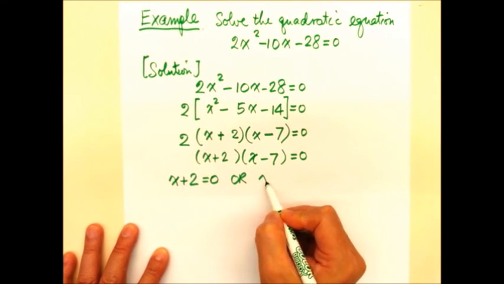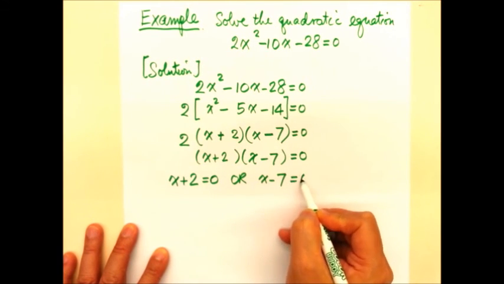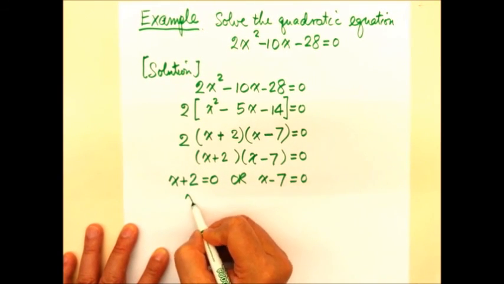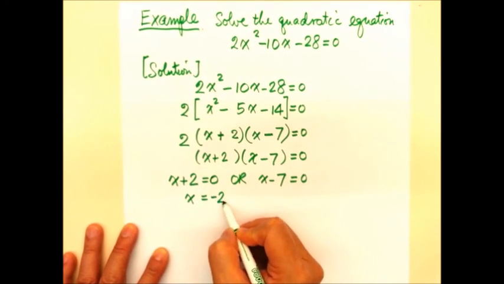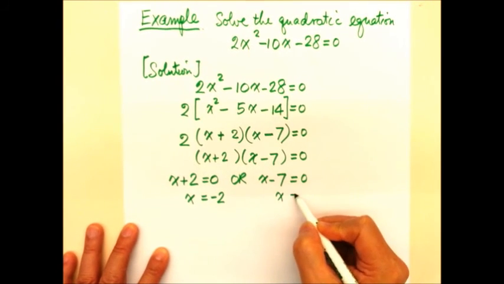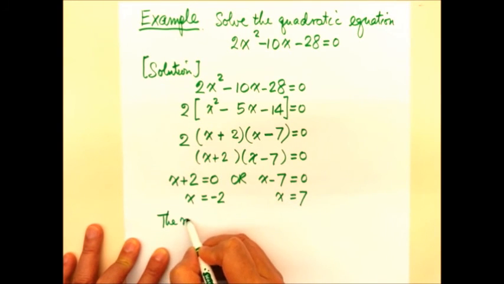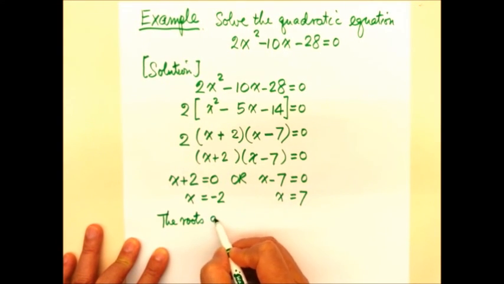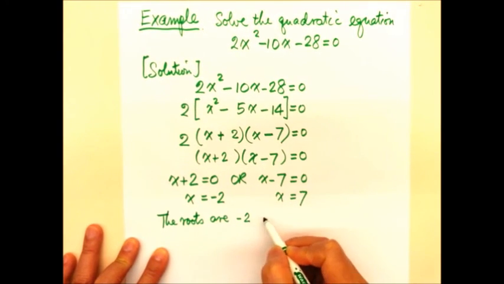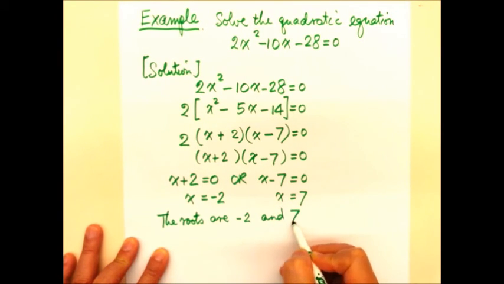Or x minus 7 equal to 0. I think all of you are familiar with these working steps. So at the end we say the roots are minus 2 and 7.